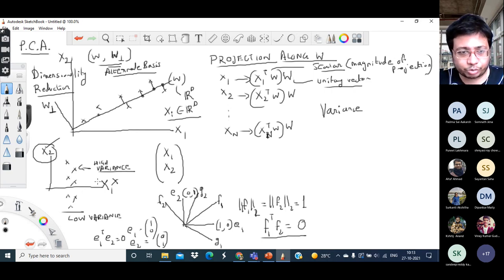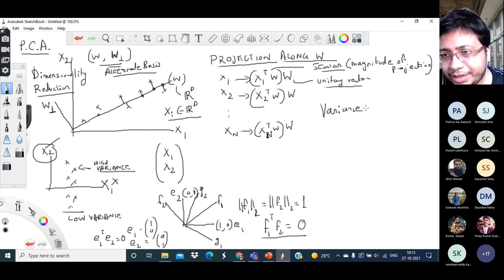In this case there are only two directions, x1 and x2. Along x1 the variance was low, along x2 the variance was high. So I have decided to do away with x1 and x2 and instead project the data on this new space defined by W and W perp. Specifically, I want W to be that direction along which the variance of the data is maximum.